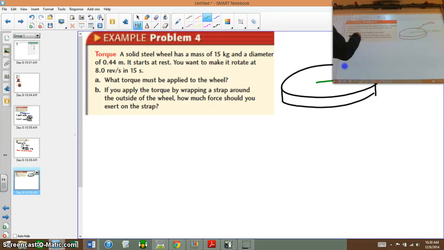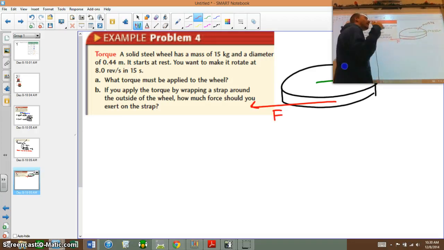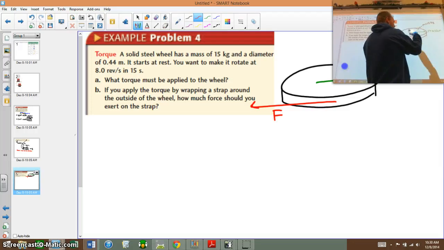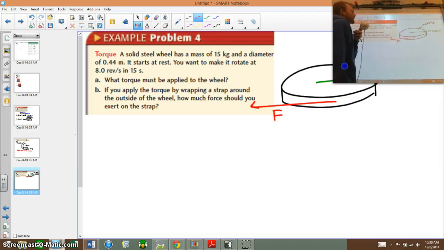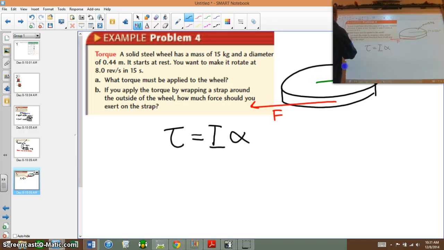You want to make it rotate at 8 revolutions per second in 15 seconds. What torque? So we're going to pull on this thing on the very end with some force. The harder we pull on it, the faster it spools up and starts spinning. So let's figure this out. I'm going to use Newton's second law. Torque is equal to moment of inertia times angular acceleration. Part A says what torque?